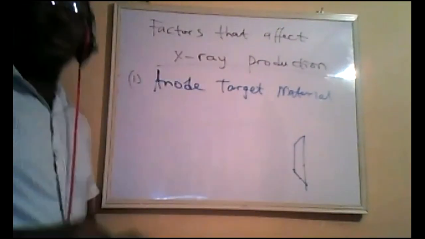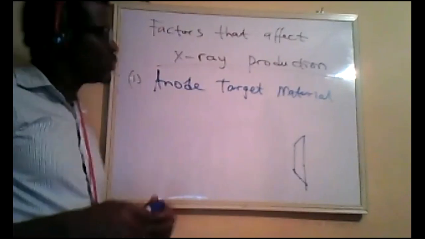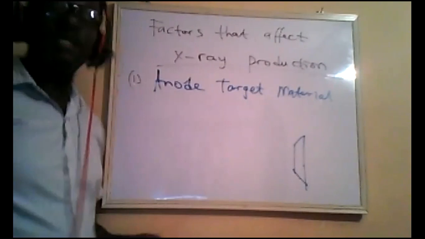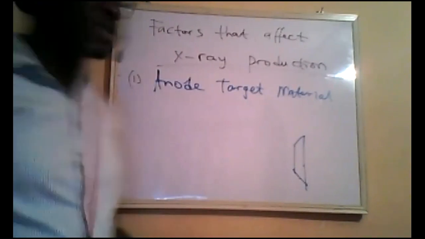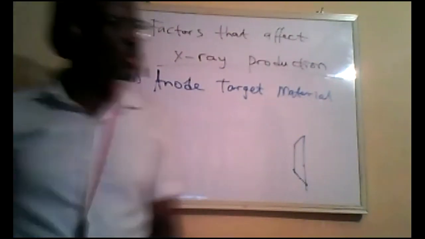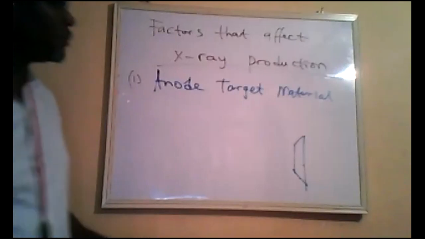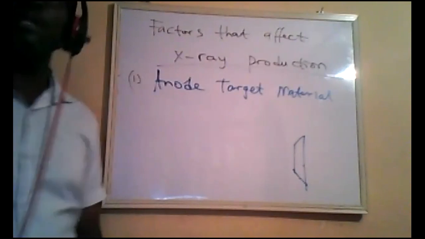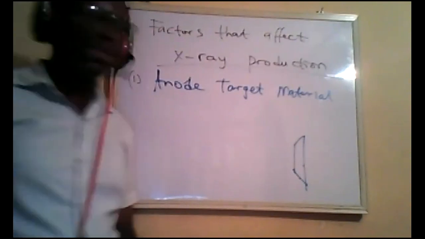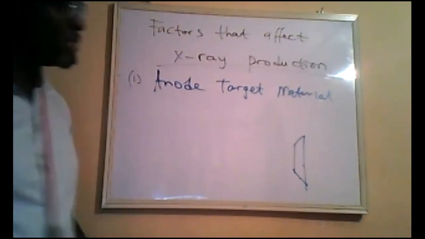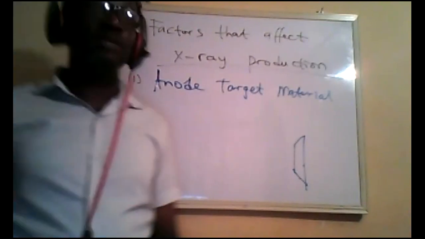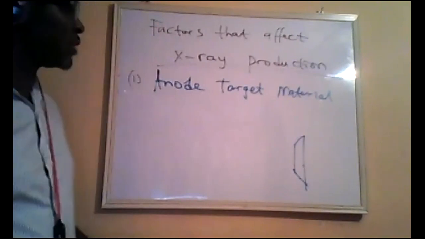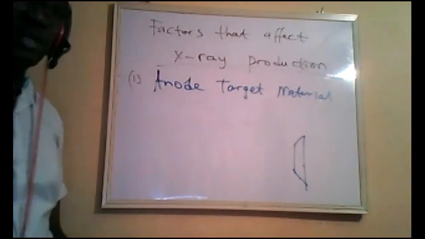For general radiography, the major material used is tungsten, like we've stated before. Why? Because it has a high Z number, and because it can withstand high temperature. So it's going to seriously affect the type of X-ray that we produce. Because it has a high Z number, it's going to be efficient in the production of Bremsstrahlung and even characteristic X-ray.